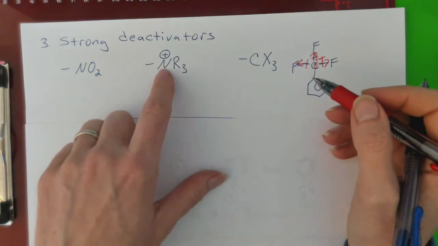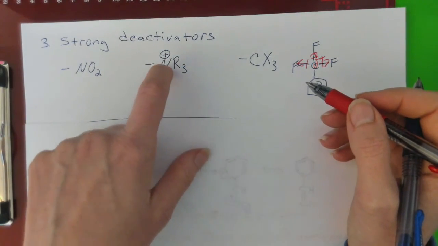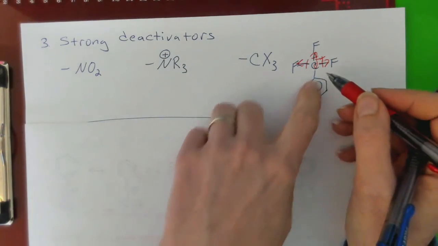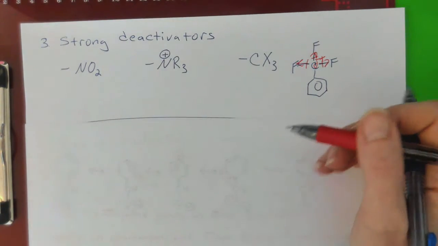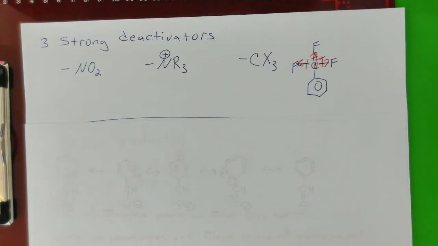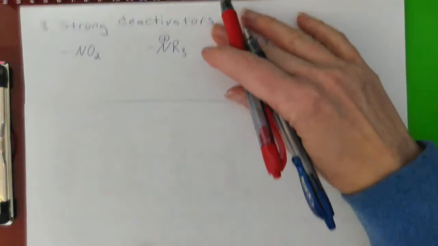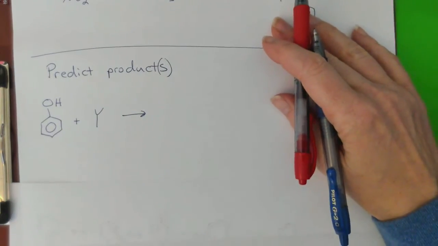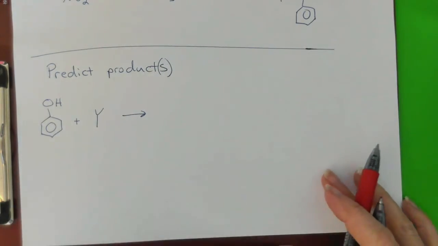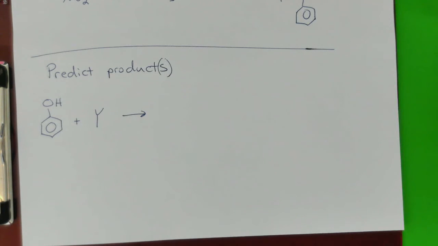When you have a formal +1 charge on that nitrogen, it's going to suck electron density through a sigma bond from the ring. So that's why it's induction. What we're going to do in the next video is put all of this information together and predict the product or products that we expect to form.